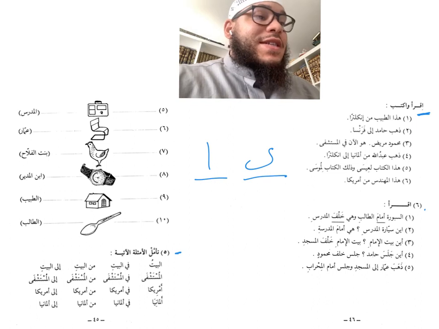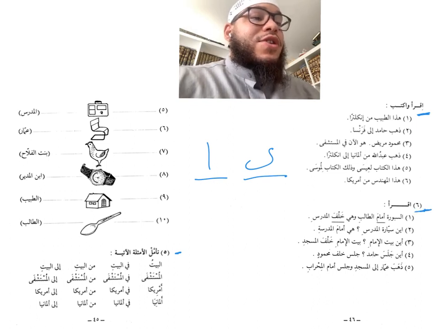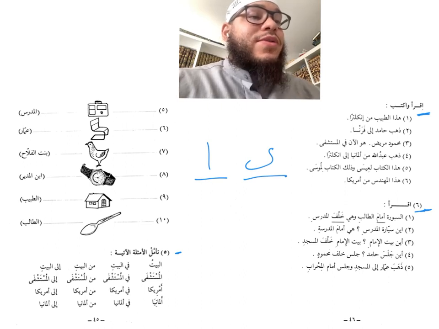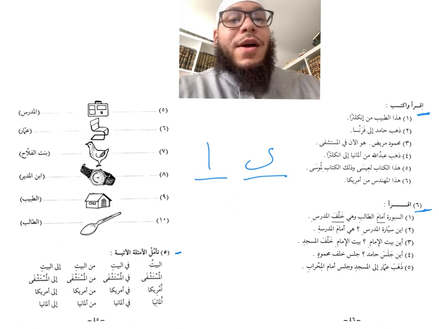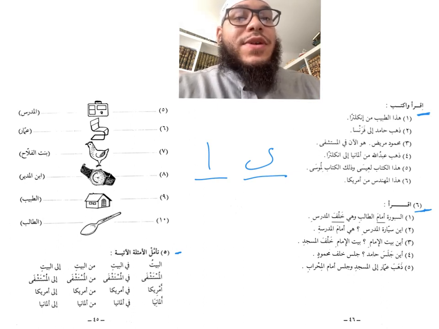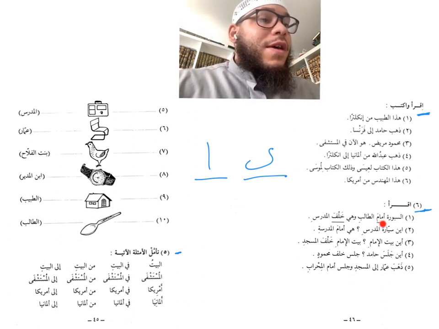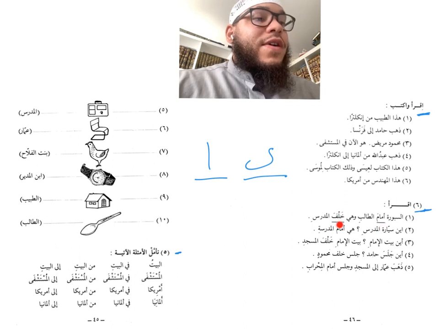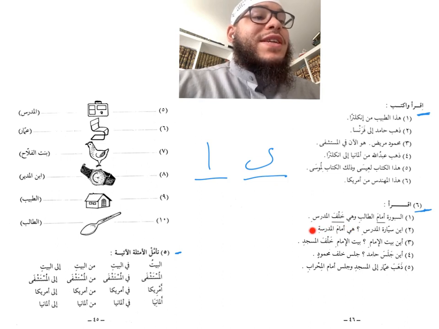Then the last exercise, exercise number 6, اقرأ, read. This is just to practice the rule that I taught you about amama and khalfa, as we can see here. Amama right here, khalfa right here. As-saburatu, which means the whiteboard. As-saburatu amama talibi, is in front of the student. وهي خلف المدرس, and it is behind the teacher.